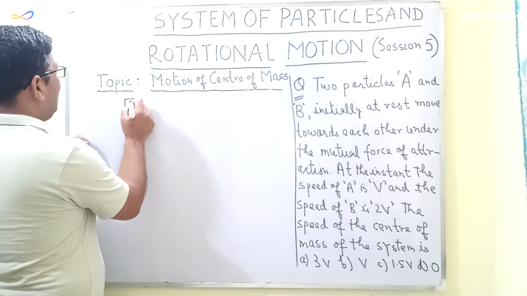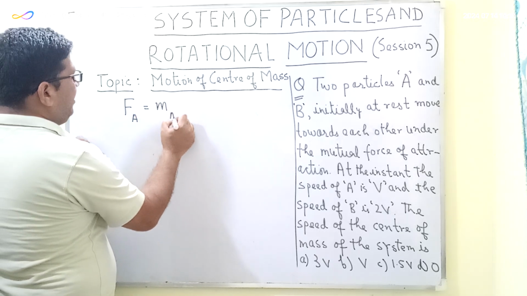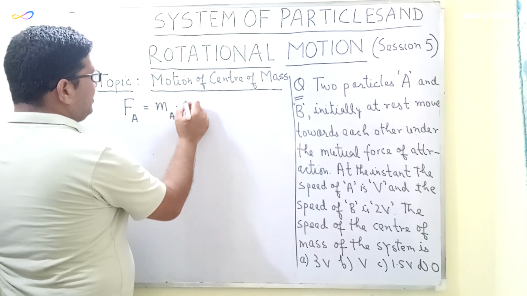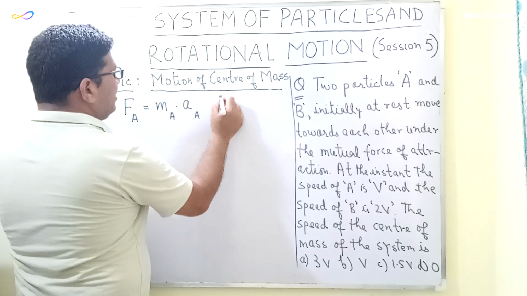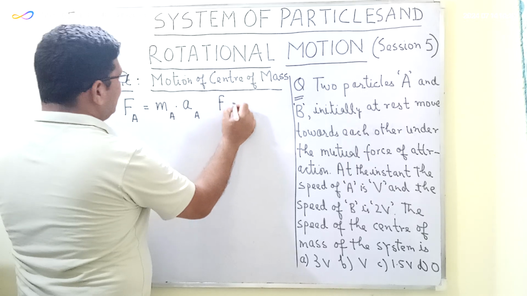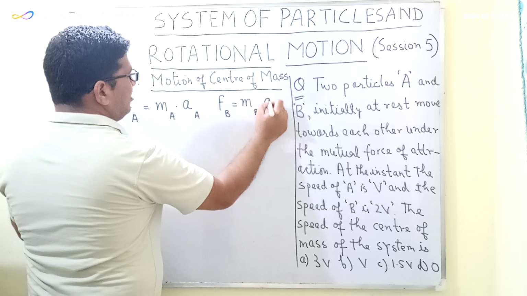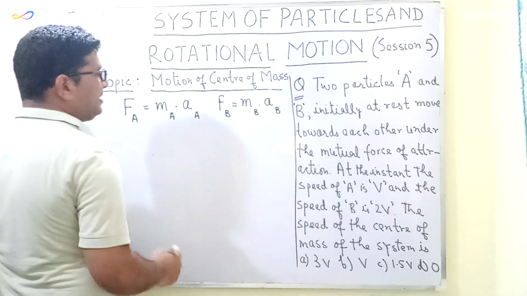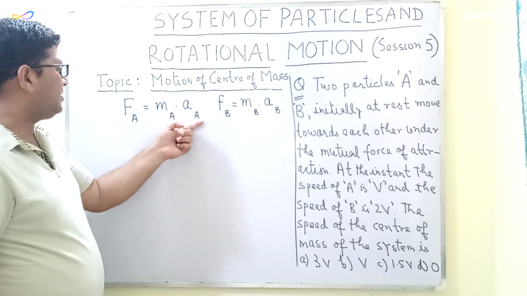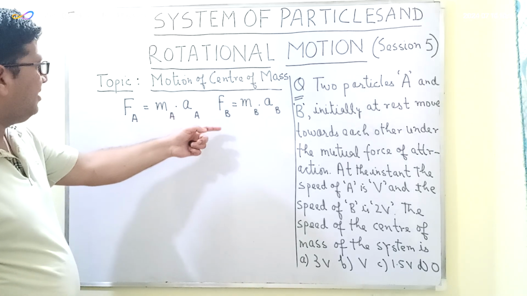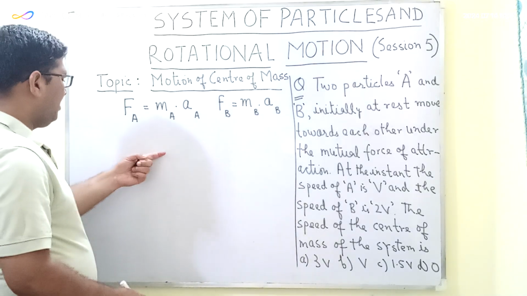So the force on the particle A, say Fa, will be equal to Ma into the acceleration of particle A, and similarly the force on the particle B, Fb, will be equal to Mb into the acceleration of the particle B. I have denoted the mass of the particle A as Ma and its acceleration as aa, and the mass of the particle B is Mb and its acceleration is ab.